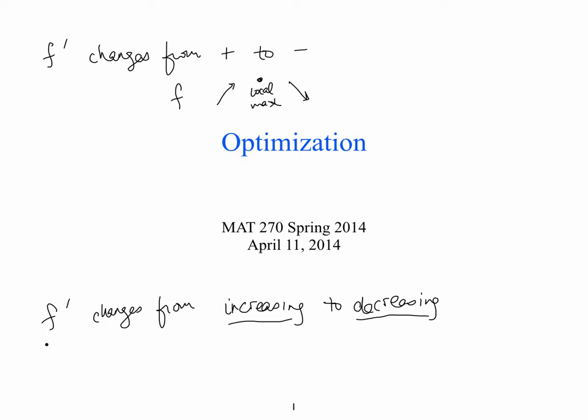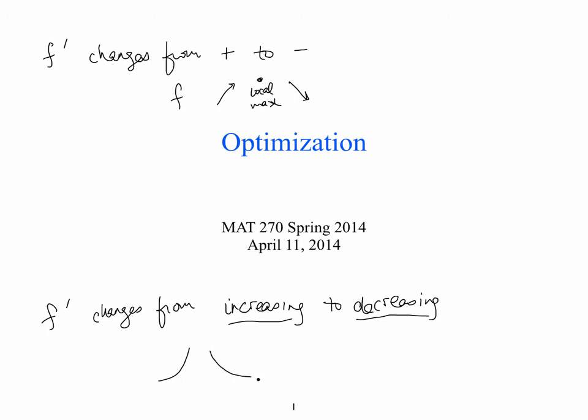So if the rate of change is increasing, depending on whether the rate of change is positive or negative, we could either be looking at something like this or like this.